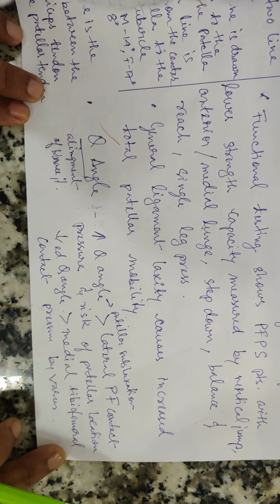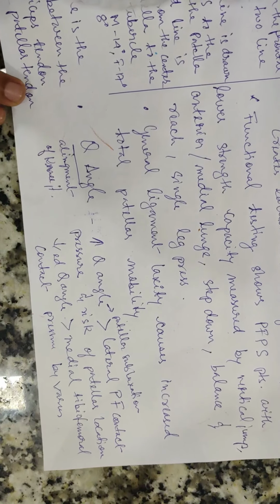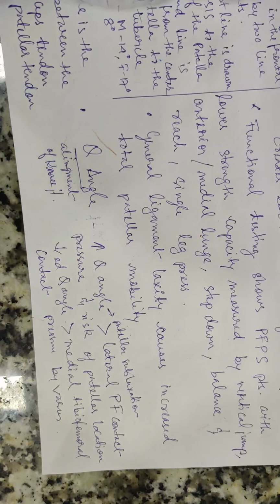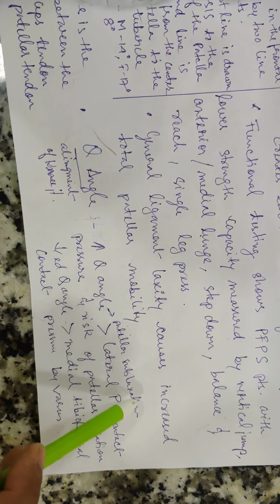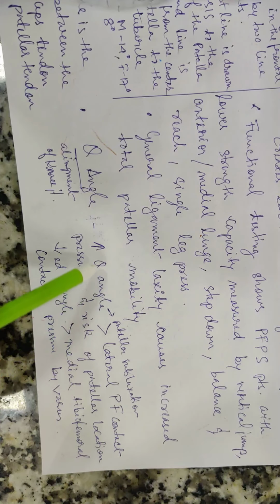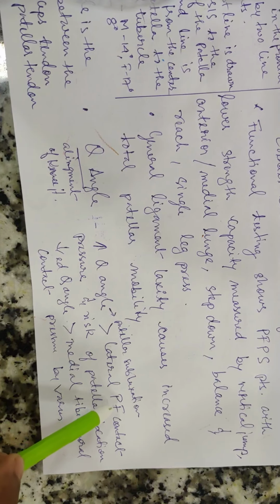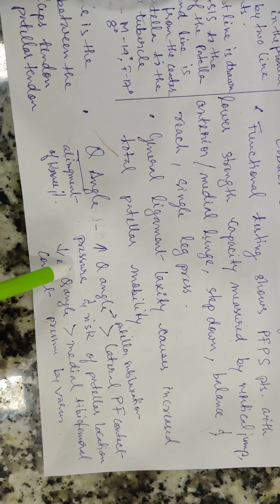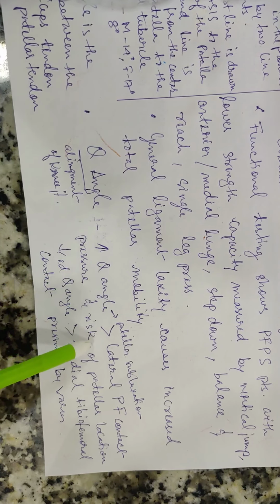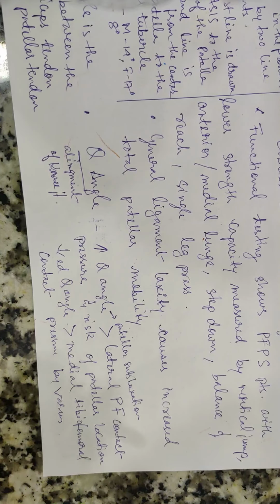Now one of the important factors is the Q angle. Q angle is the alignment of the knee joint. If there is an increase in Q angle, it will tend toward patellar subluxation. That is, increased Q angle means increased lateral patellofemoral contact pressure and increased risk of patellar dislocation.